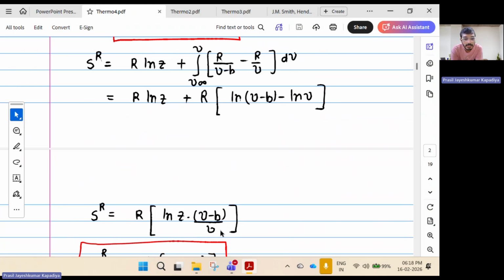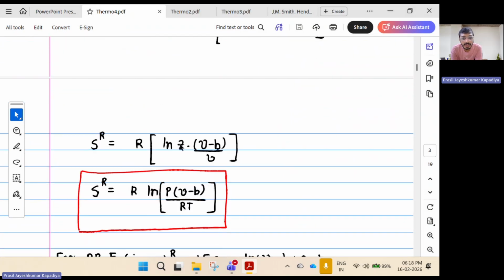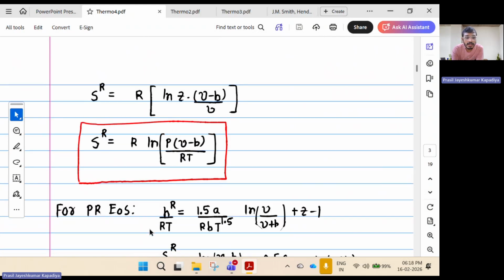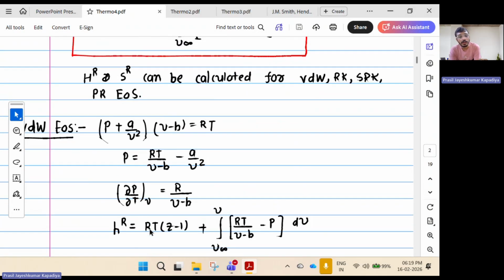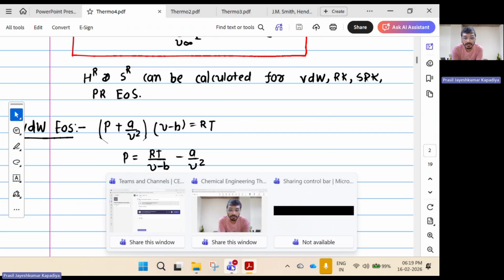So Z into (V minus B) by V. Z is nothing but PV by RT, so V cancels out, and we remain with S residual equal to R into ln of P(V minus B) by RT. So this is how we can derive the residual enthalpy and residual entropy in case of the van der Waals equation of state.